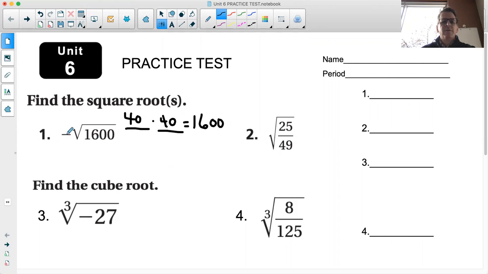So the negative square root of 1600 would be negative 40.